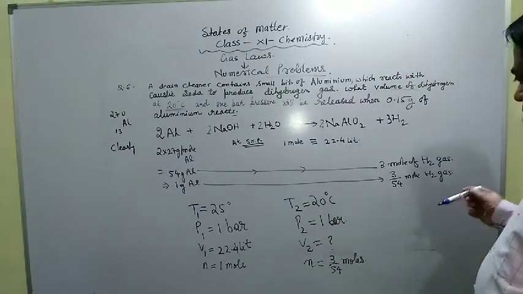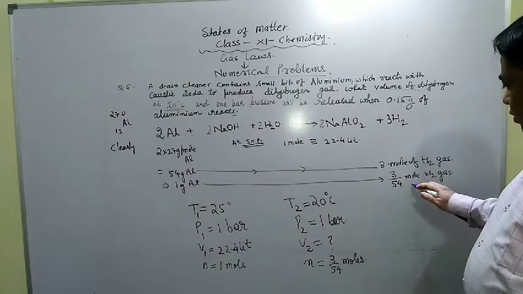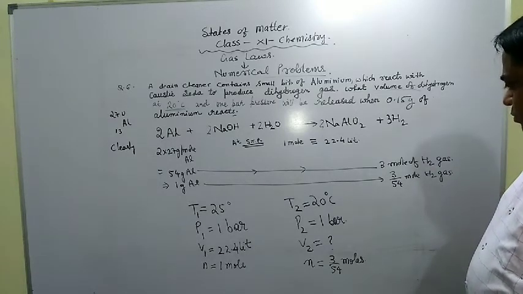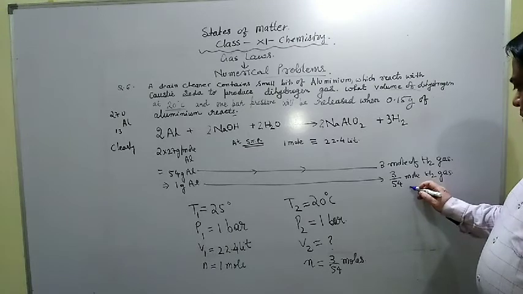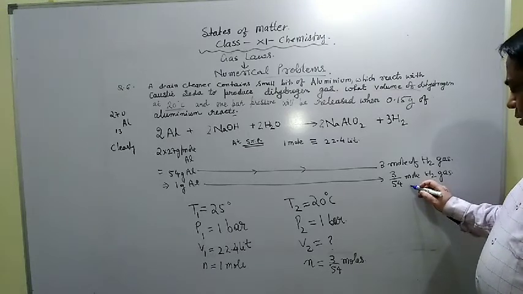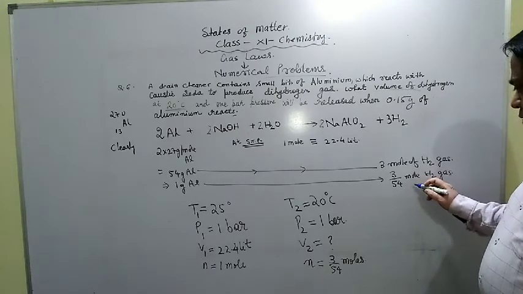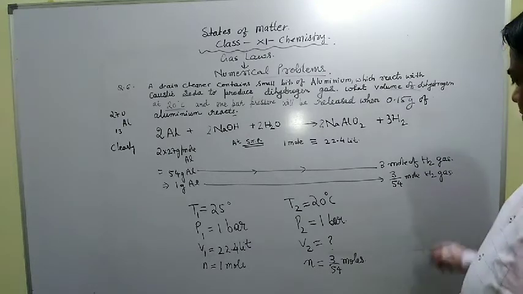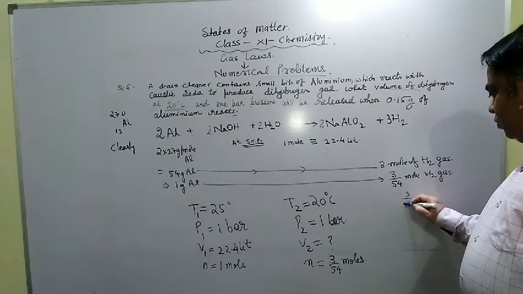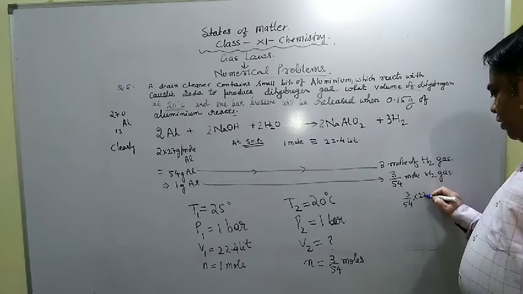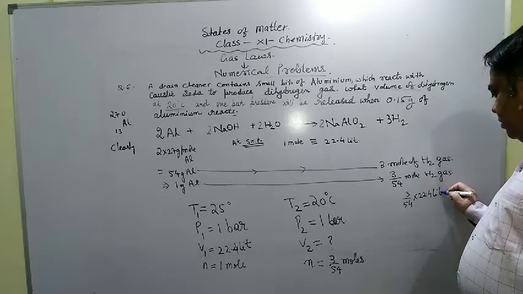So at STP, the volume will be actually how much? 1 mole is equal to 22.4 liter, so this much mole will be equal to 3 by 54 into 22.4 liter.